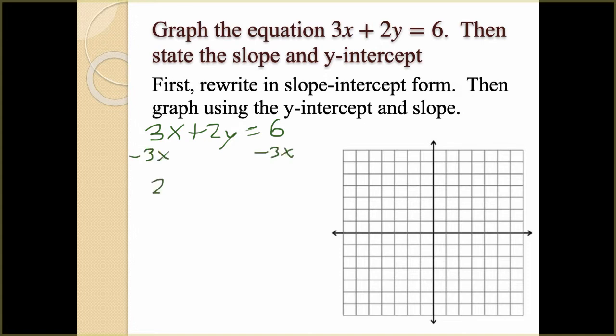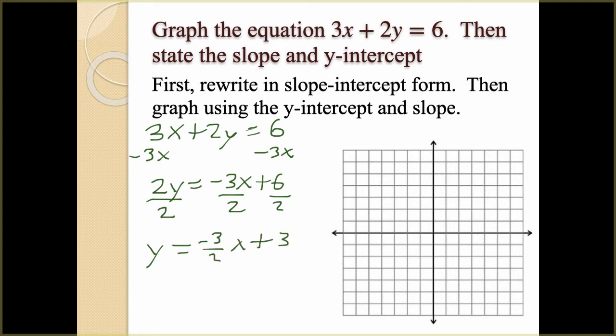And we get 2y equals negative 3x plus 6. And then y is not by itself yet, so we need to divide every part by 2 to undo the multiplication. And we are left with y by itself equals negative 3 halves x plus 3.